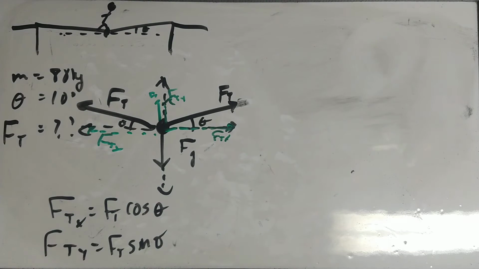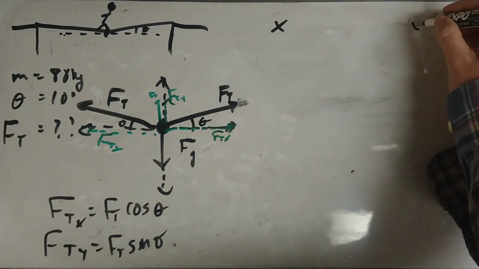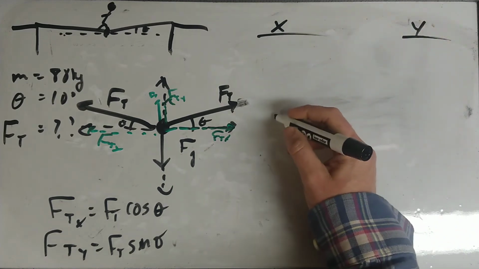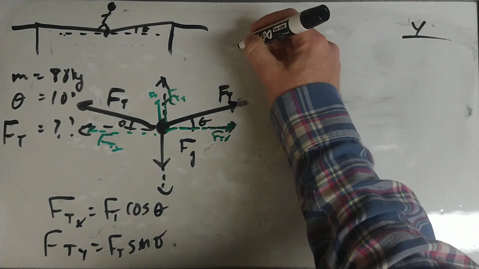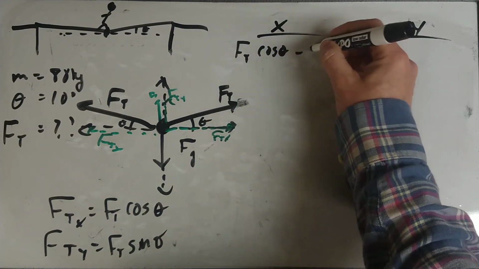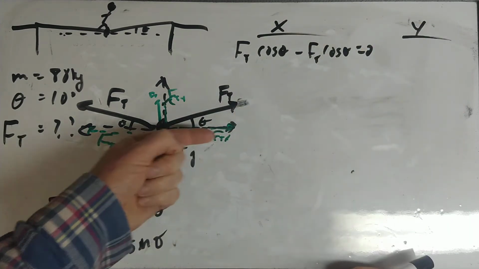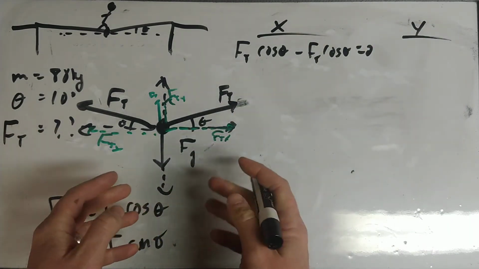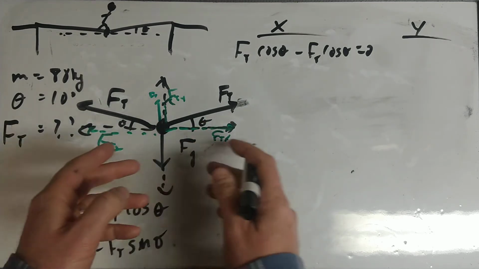So then we break it into x and y calculations, Newton's second law. For x, on the right, I have a positive FT cos theta minus FT cos theta equals 0. So I'm skipping writing out FTx plus FTx equals 0.